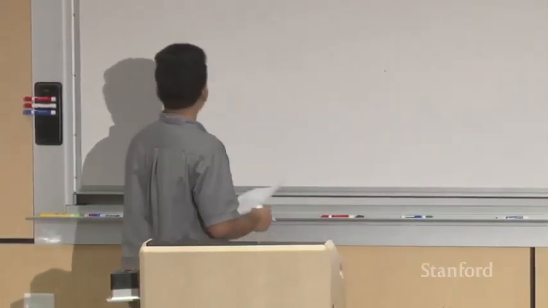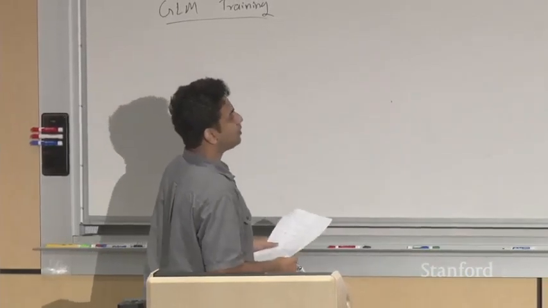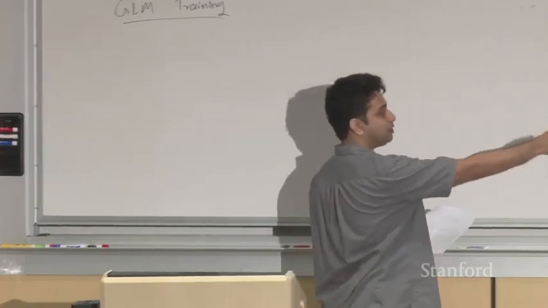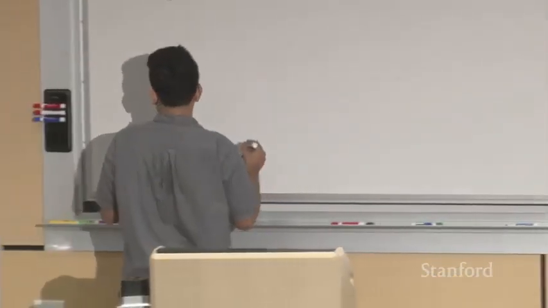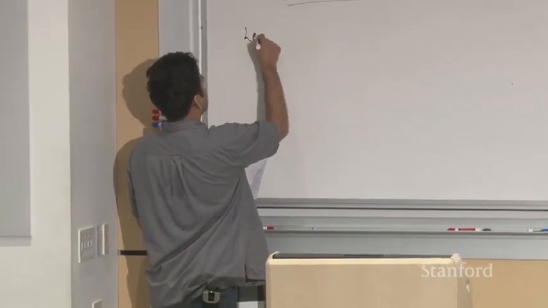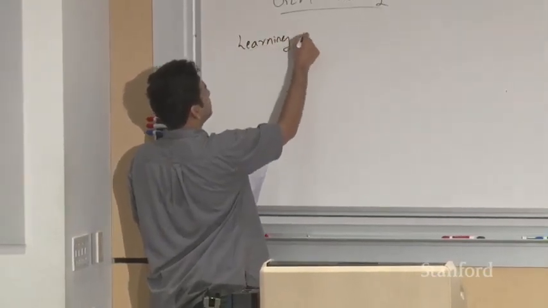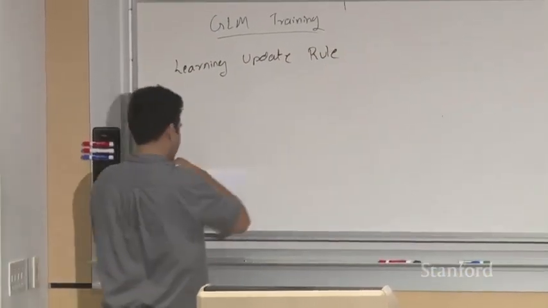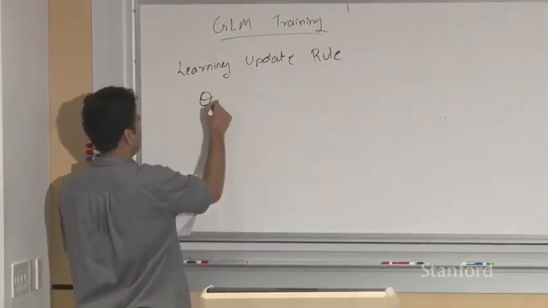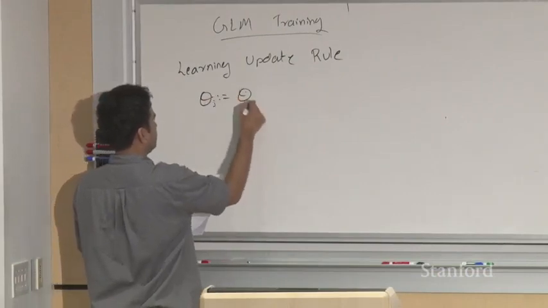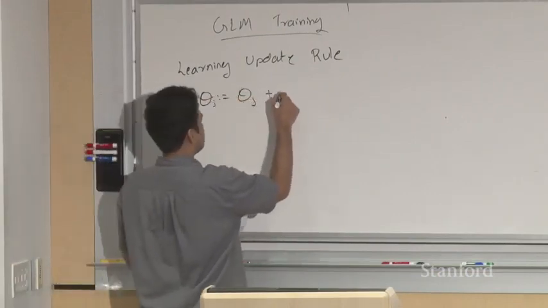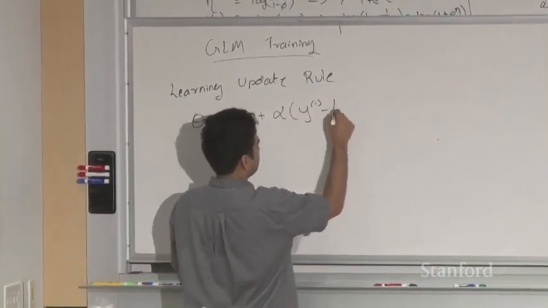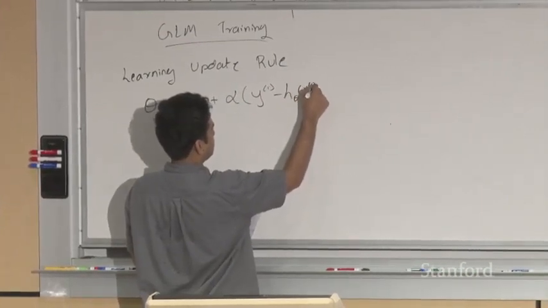But it turns out that no matter what kind of GLM you're doing, no matter which choice of distribution that you make, the learning update rule is the same. The learning update rule is theta j equals theta j plus alpha times (y^i minus h_theta(x^i)).